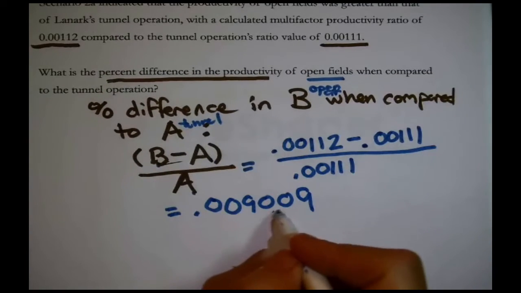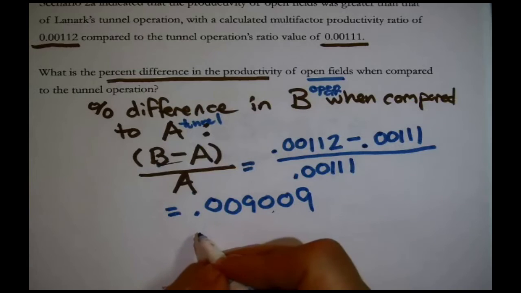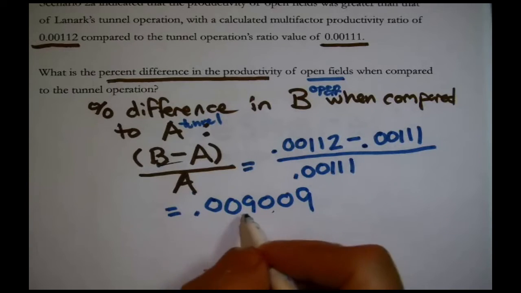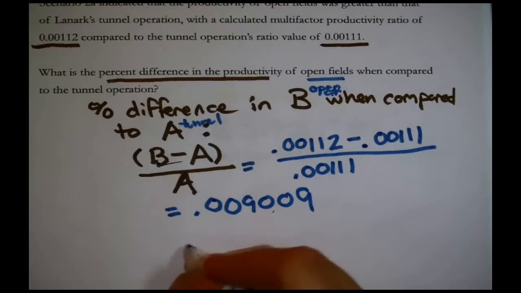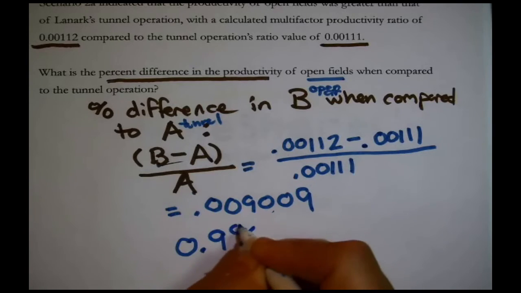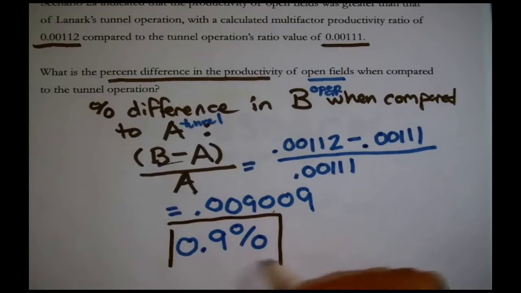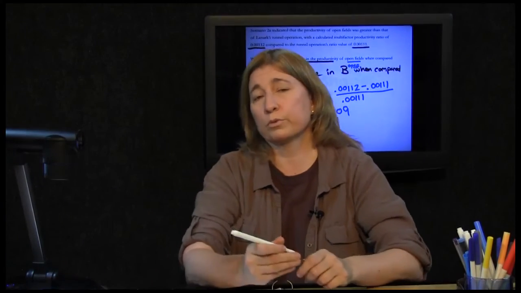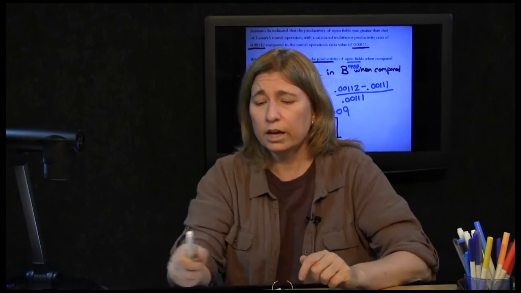So to actually state it, remember that we bump the decimal place 2 places to the right. That is less than 1% of a difference. There's your answer to the percent difference in the productivity.